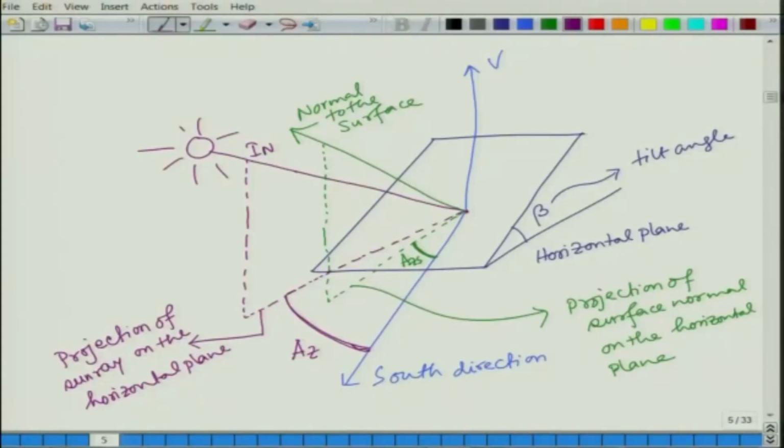Now, one important angle we want to show here, so that the relationship is even more clear. What is the angle between the surface normal and the sun ray? Can you tell me? Please think of it, and now I am writing, this is the angle of incidence, right. So, this is the angle of incidence on the collector plane.